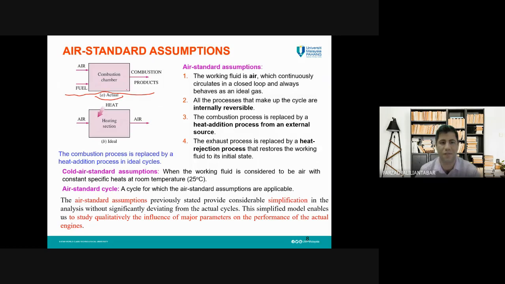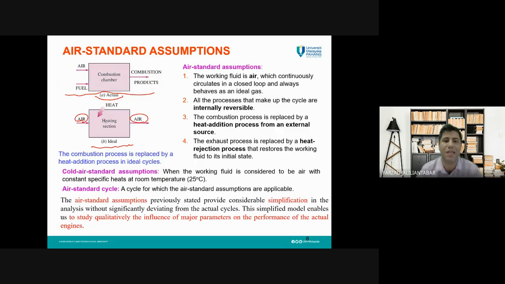So instead of that, we can have this idealization. We can assume that we have a system like this. Air comes to the system and goes out of the system as our working fluid.